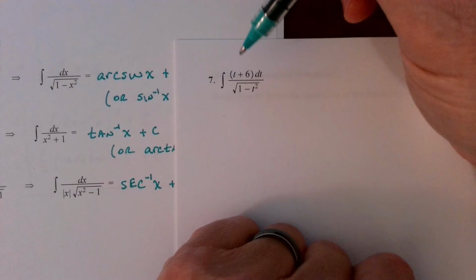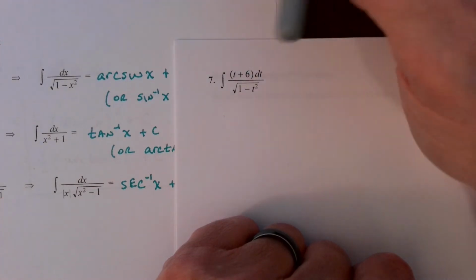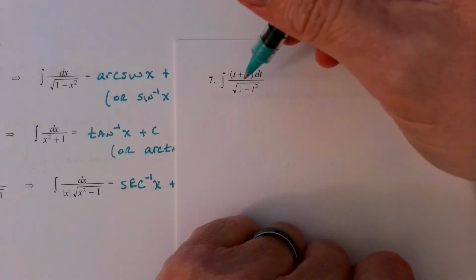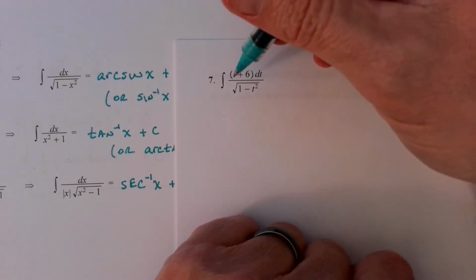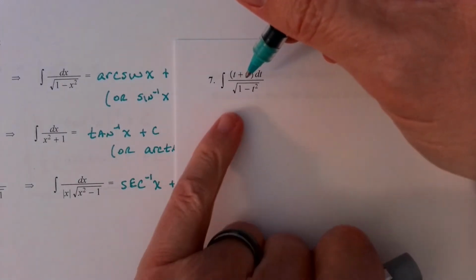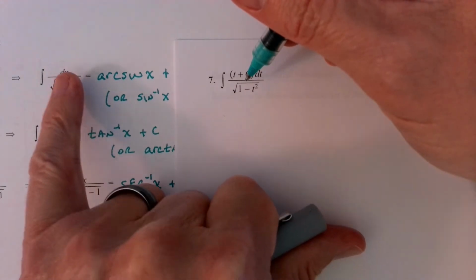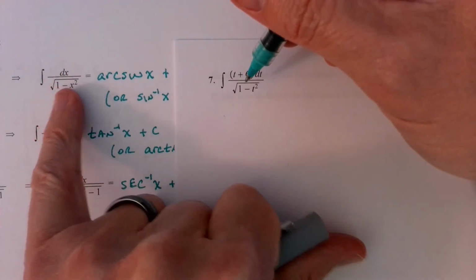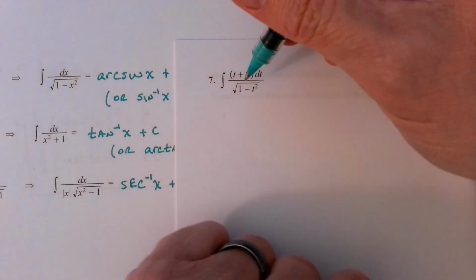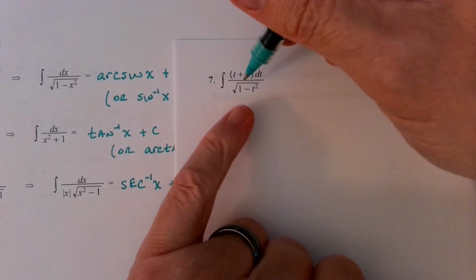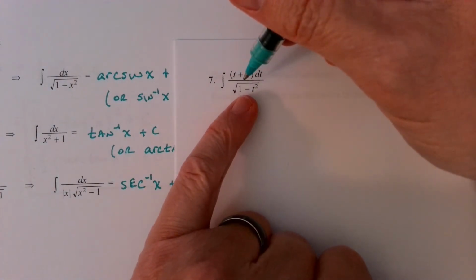Now, on the other hand, if it was just the t dt, right, just get rid of that 6 for a minute. I know it's not, but if it was just the t up there, no 6, what about that? It's certainly not arcsine because it's got a t up there, and I can't do anything with that variable. However, this form is something we can do with simple substitution, because the denominator has a composition.